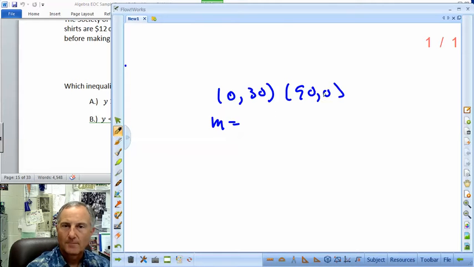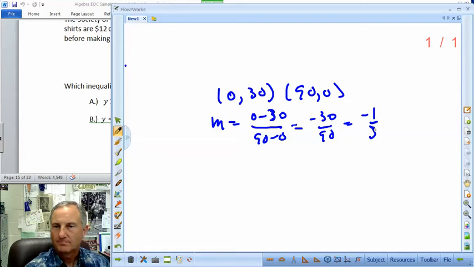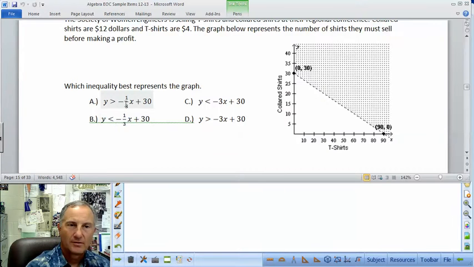Our slope's going to be 0 minus 30 and 90 minus 0. So negative 30 over 90 is negative 1/3. So there's my slope, and there it is right there, negative 1/3 x plus the 30 for my y-intercept. So my answer there is A.